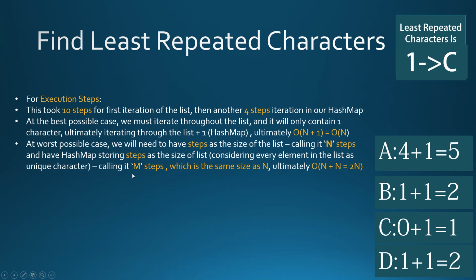Calling it m steps, which is the same as size n, so ultimately it's going to be O of n plus n, equals n. That's the worst case in terms of execution steps.